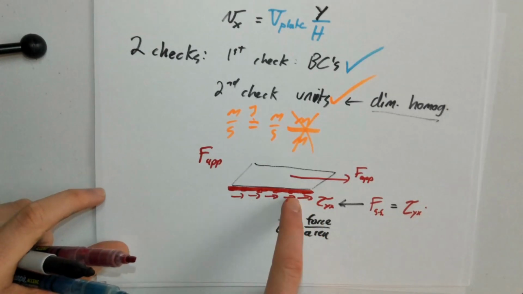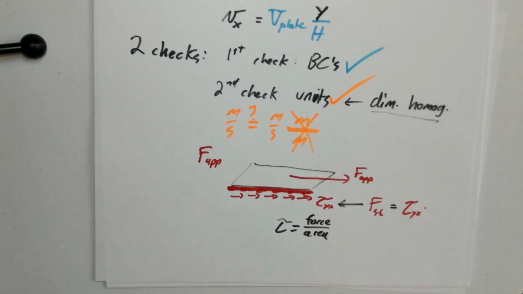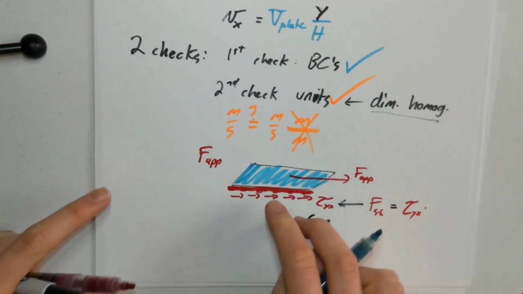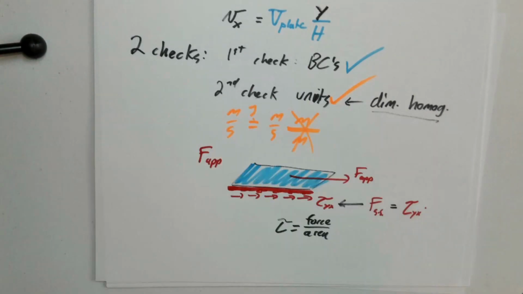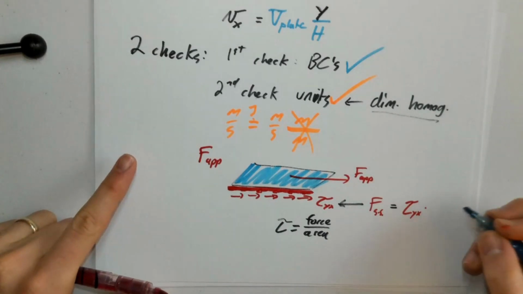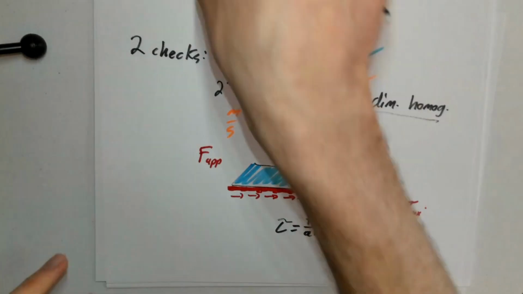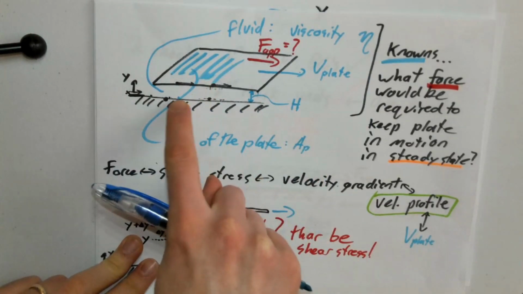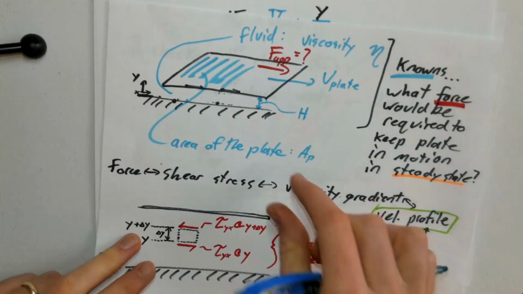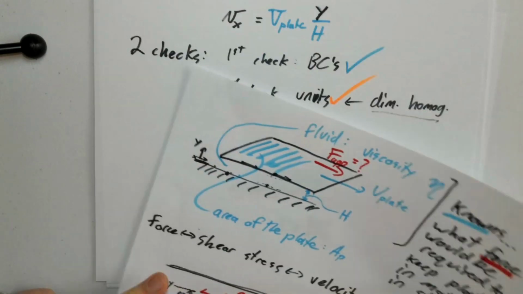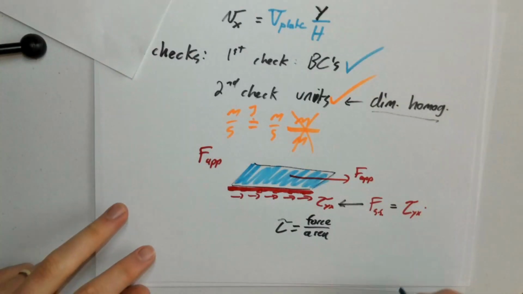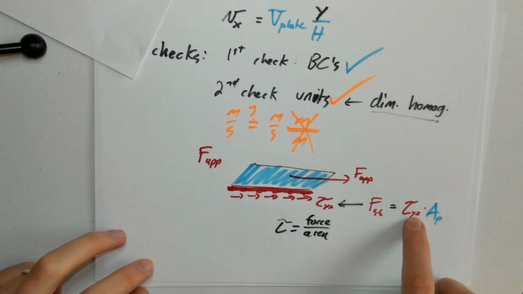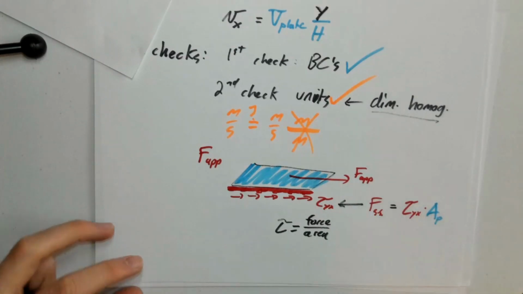And this shear stress is acting on the underside of that bottom plate. If we look back at our problem formulation, I said the area of the plate was one of our known constants, right? We assume we know how big that cutting board is that we squirted the honey on. So in this case, the shear stress force is equal to tau yx times the area of the plate.